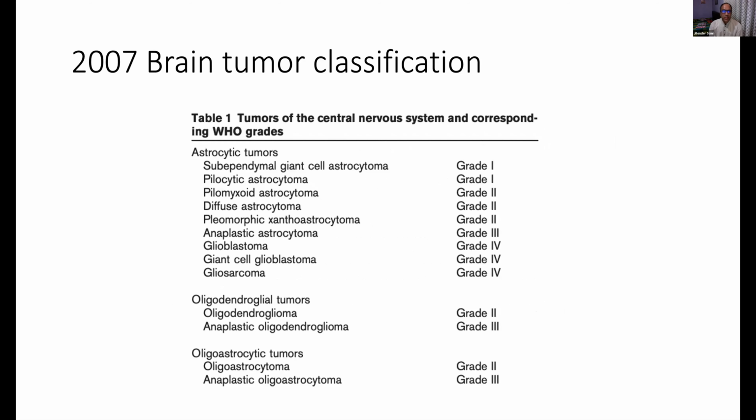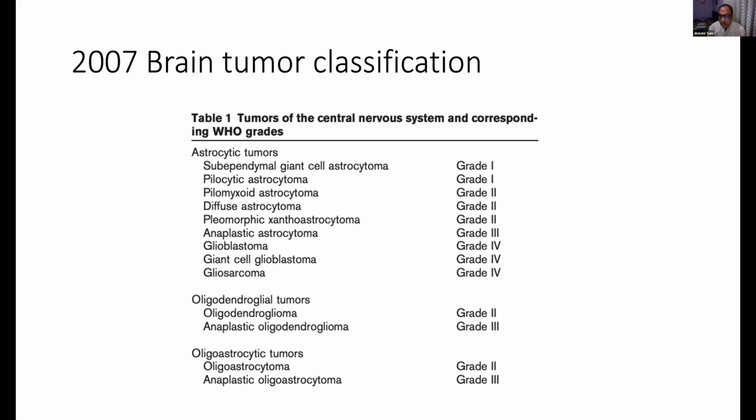This is the 2007 brain tumor classification, of which I'm showing just a part. You can see astrocytic tumors graded from grade 1 to grade 4, oligodendroglial tumors graded 2 and 3, and oligoastrocytic tumors, grade 2 and 3. There was no molecular marker at that time.